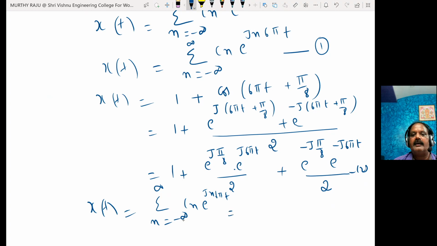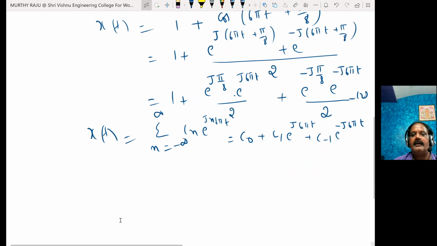For n is equal to 0, C0 e power 0 is 1. For n is equal to 1, C1 e power j 6 pi t. For n is equal to minus 1, C minus 1 e power minus j 6 pi t.